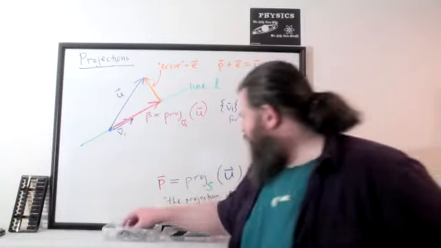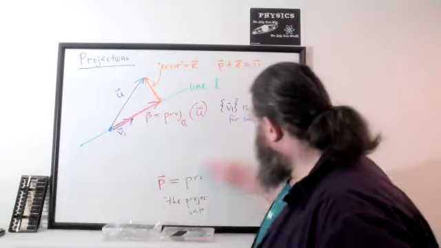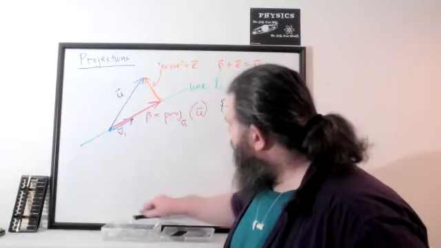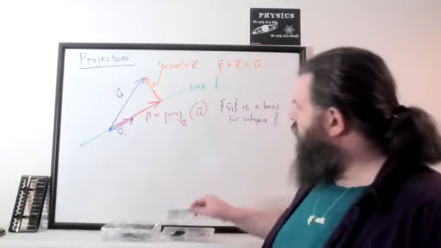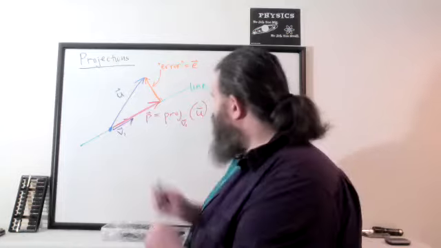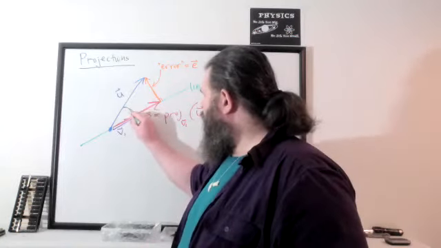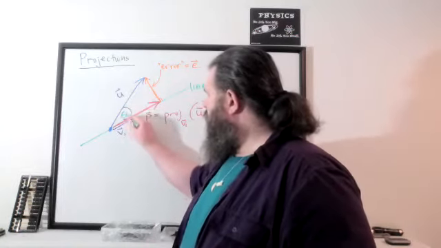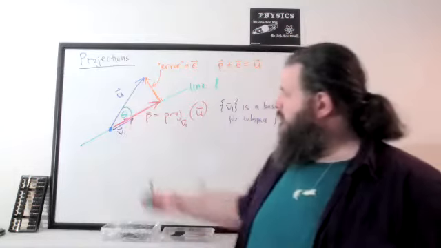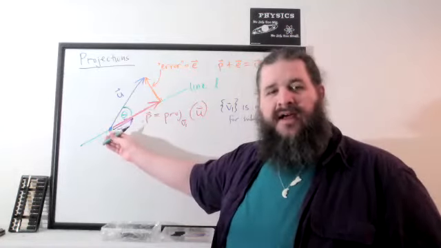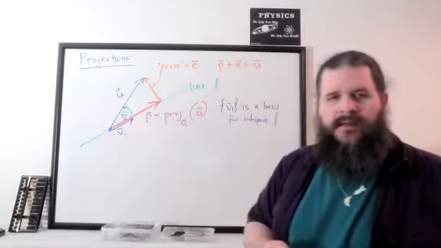Then let's use a bit of geometry here. Let's say we have an angle, and we call this angle theta. So theta is the angle between vector v1, defining the direction of the line, and vector u.